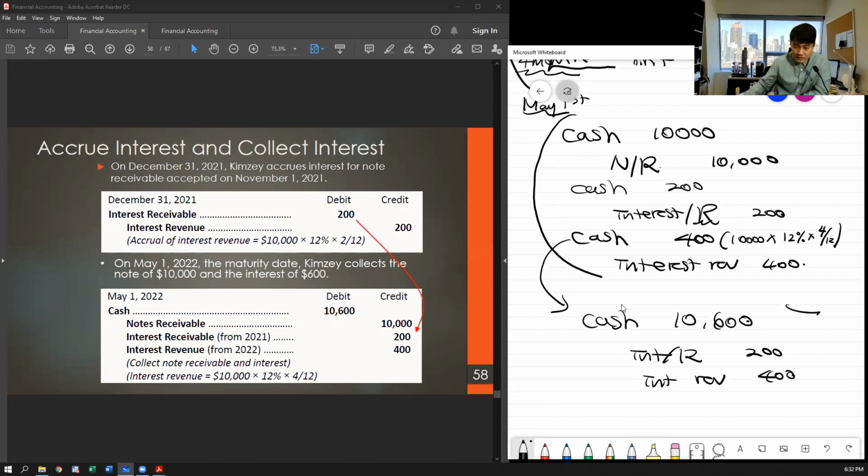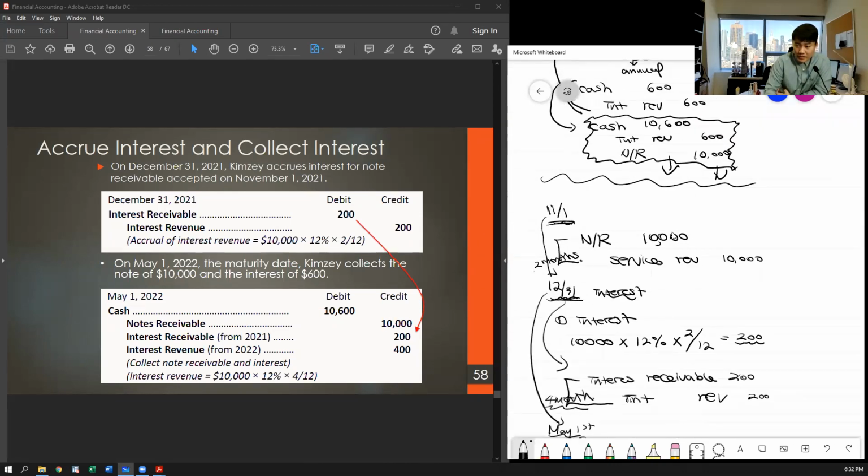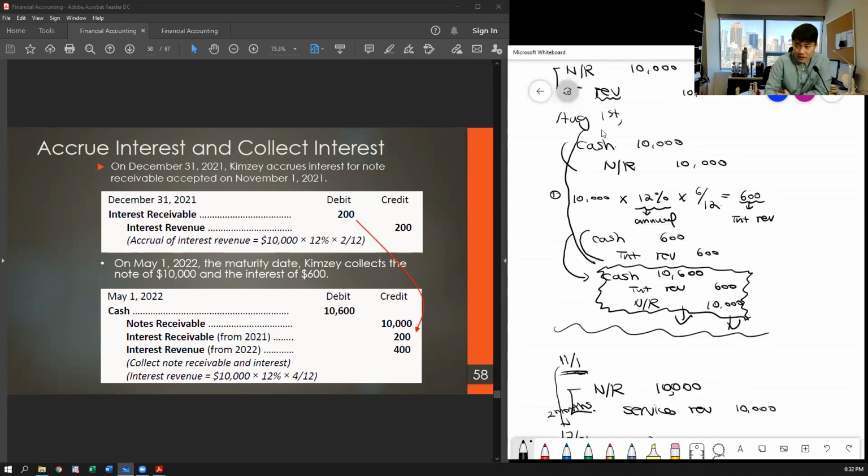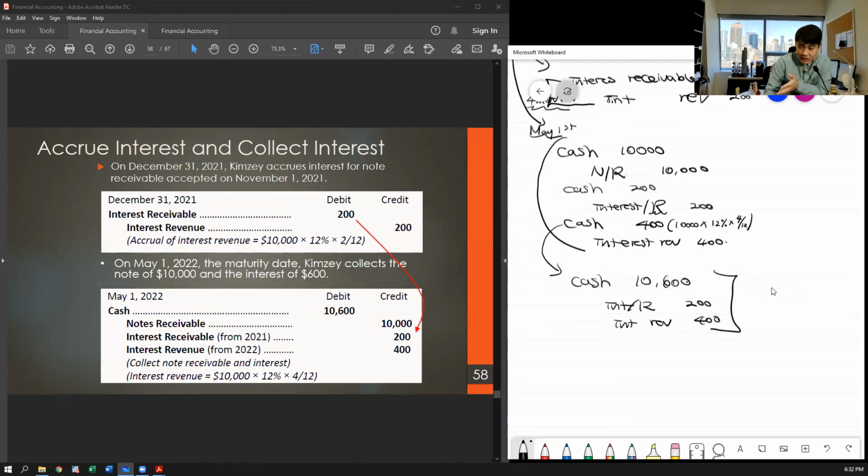So comparing this with, let me just go up, a transaction that happened within the same period. Originally, on the previous cases, you only reported this interest revenue of $600. Now I forgot to do notes receivable, by the way, $10,000.